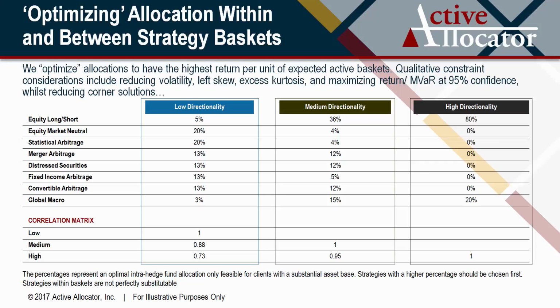Our allocation considerations include minimizing drawdowns, taking into account long-term beta effects, accounting for the distribution in historical returns, factoring in average loss and worst period returns.